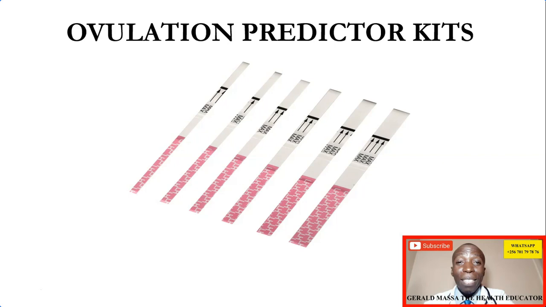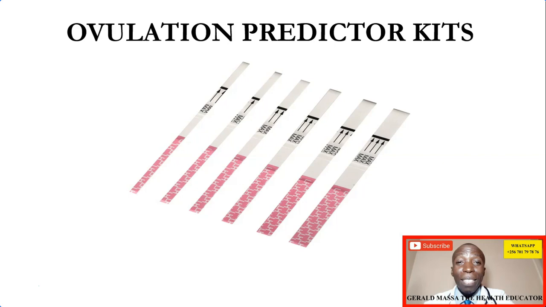These are very important in preparing for a successful pregnancy. Remember, these kits are different from the urine pregnancy tests. The urine pregnancy tests specifically look for the HCG hormone, that hormone that is produced when pregnancy has happened, when fertilization has happened. So when you go to your pharmacy, you should be very specific in what you are telling your pharmacist you want to buy.